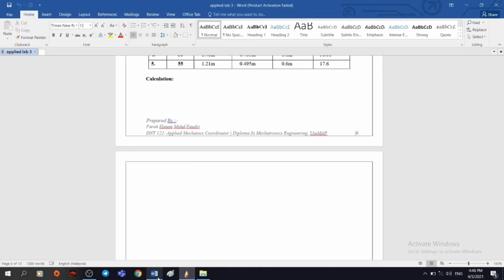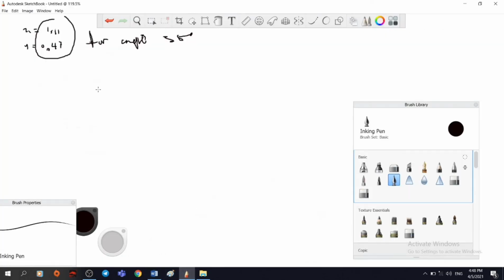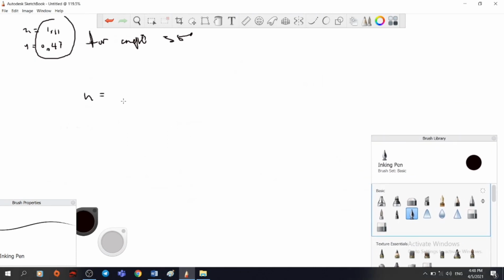The experiment also wants us to find the maximum height. Maximum height h equals velocity of y squared over 2 times gravity.